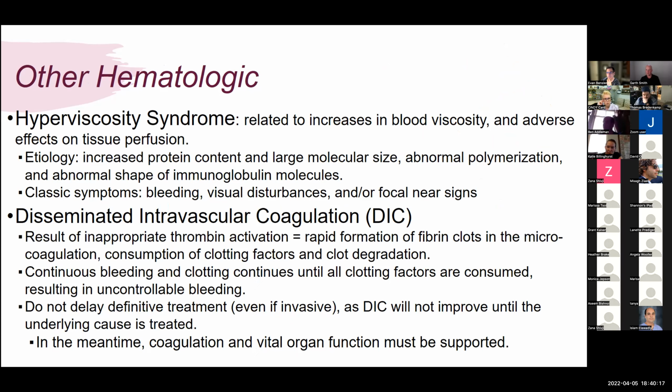Basically, it's due to increased protein content or large molecular sizes of the cells in excess. I've seen a patient with CLL, for example, with a lymphocyte count in the thousands, who actually developed hyperviscosity syndrome when I was a resident. These patients present with bleeding and clotting all at the same time.